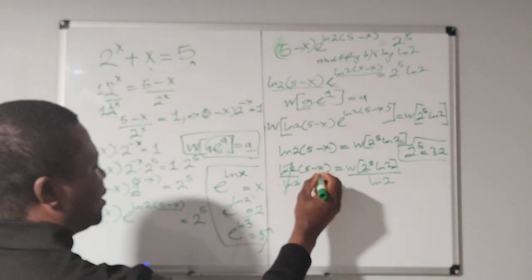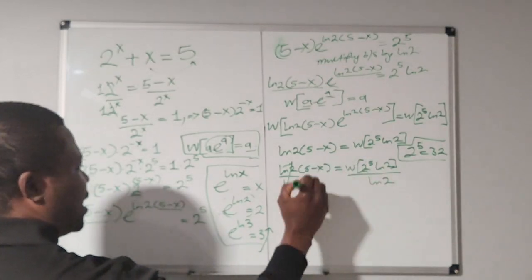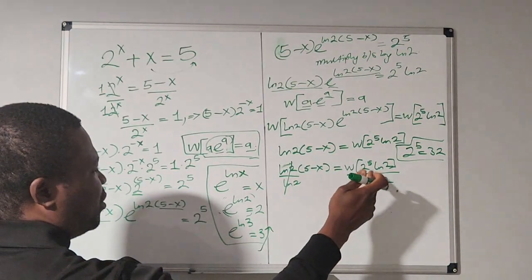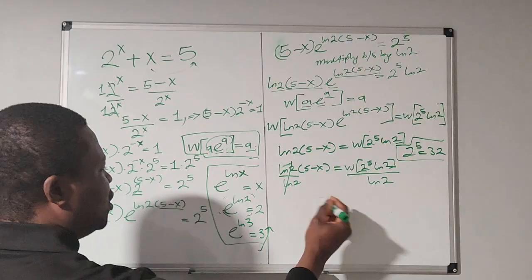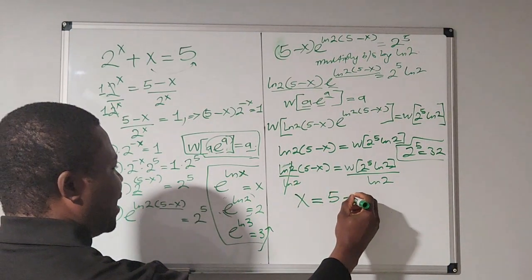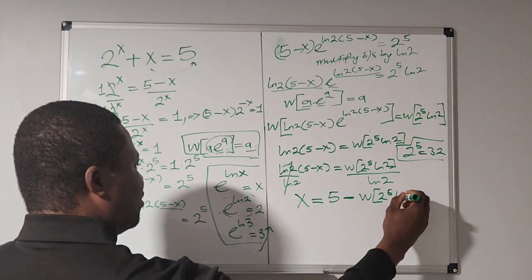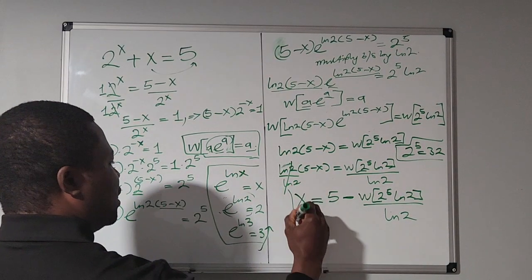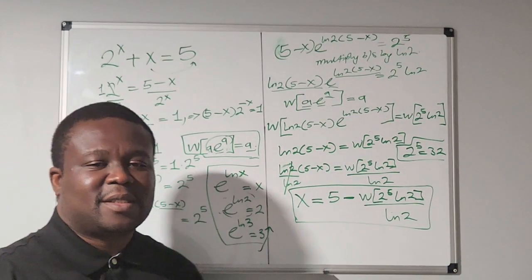Now to get the value of x, we can move x to this side and bring this whole thing to this side. When we move this whole thing to this side, it becomes minus W of 2 raised to the power 5 ln 2 divided by ln 2. And then x goes over to this side and becomes positive. So now we have that x is equal to 5 minus W of 2 raised to the power 5 ln 2 divided by ln 2. This is the value of x.